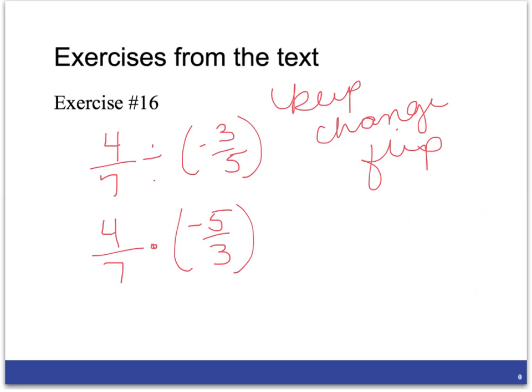And I'm going to multiply straight across, and I get negative 20 over 21. And that's perfectly fine to leave it like that. You can't simplify it anymore. We don't want a decimal answer by any means. The negative can be in the top, it can be in the bottom, it could be in the side. You're going to see me most of the time write it in the top, but your books will write it slap dab in the middle.